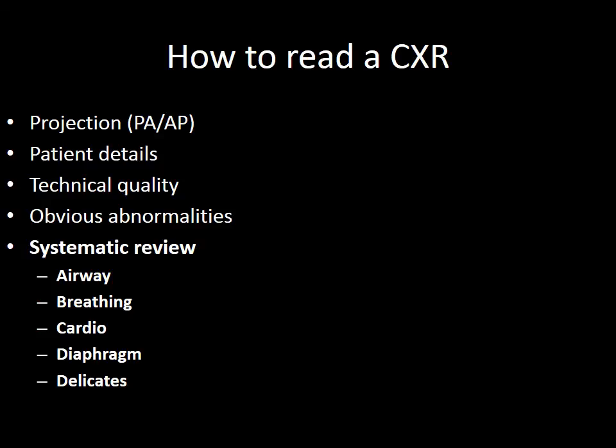I have now discussed how you can find the obvious abnormalities on a chest X-ray. I will now show you how to conduct a systematic review of the chest X-ray. A systematic review ensures that nothing important has been missed. It doesn't matter what system of reviewing you have, as long as you stick to one and don't miss any areas.